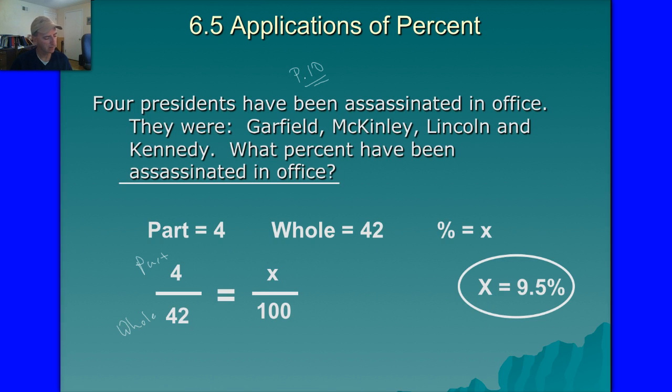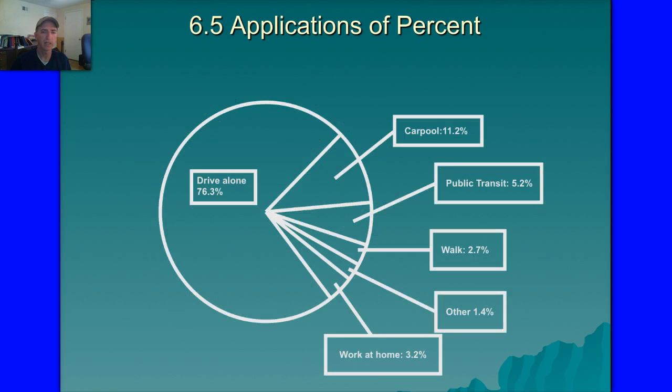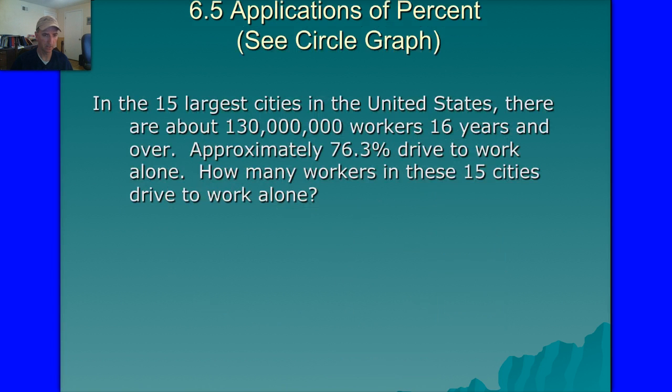Okay, I'd like to roll through the last couple questions here, and then we will wrap it up at that point. You'll see this graph on page 10 in your notes. That's what we'll be referring to as we solve the next 2 slides. Okay, on the next slide, it's referring to that circle graph we just passed.